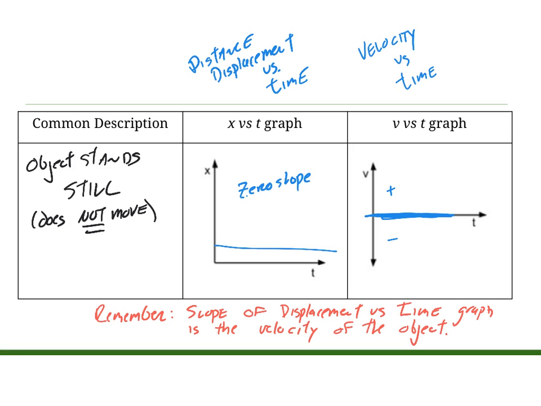So in this instance, zero slope means zero velocity. So zero slope equals zero velocity.